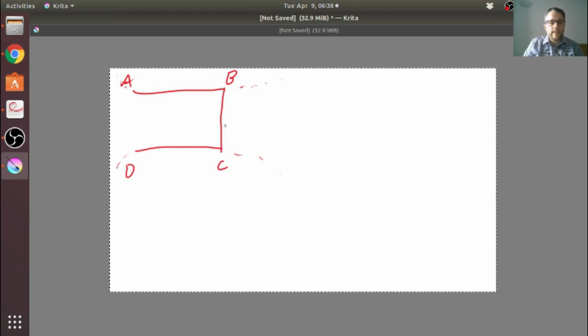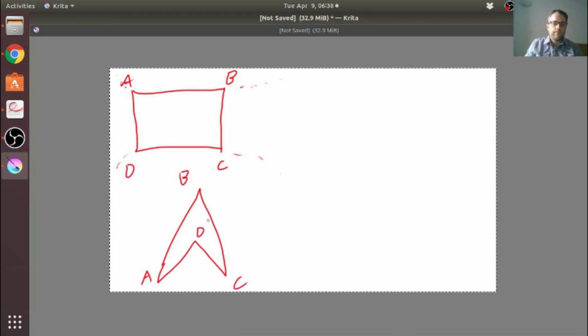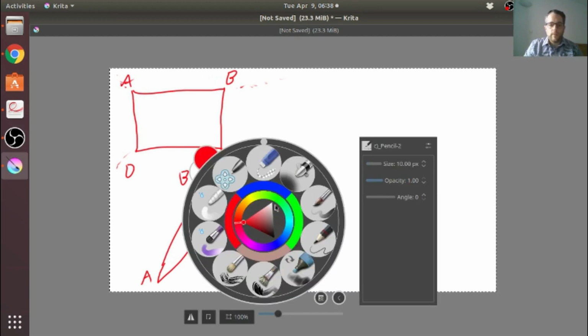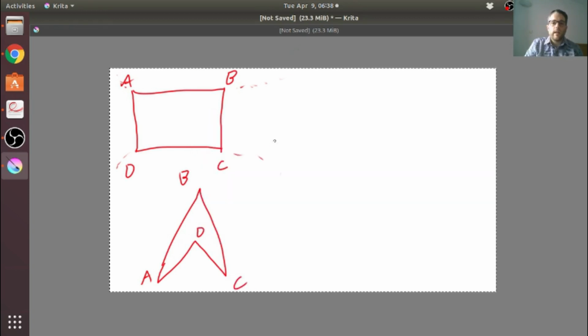So why does this have to be convex? We'll do this contrapositively. Let's assume it's not convex. Assume my picture looks something like this: A, B, C, D. So assume this quadrilateral ABCD is not convex.